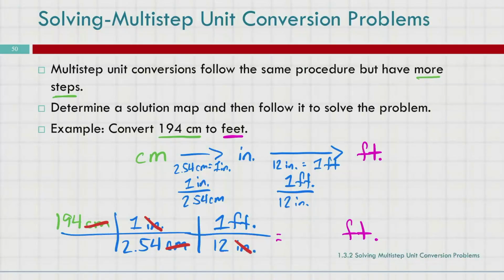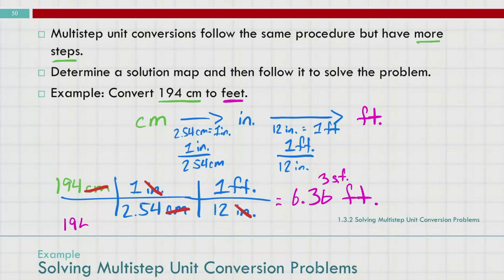So then we would put into our calculator 194 divided by 2.54, also divided by 12. It'd be 6.36 feet after we round for 3 sig figs.